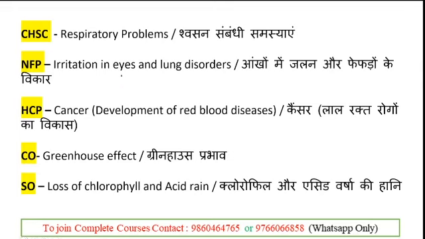And the next one is a short trick to remember the pollutants and their effects on health. Clear? Here the CHCSC: C for carbon dioxide, H for hydrochlorofluorocarbons, and C for sulfur, and C for carbonates.